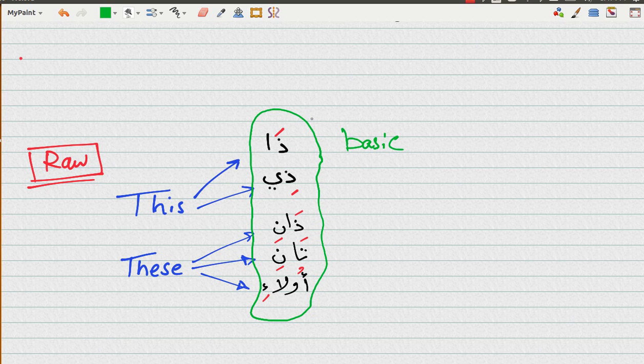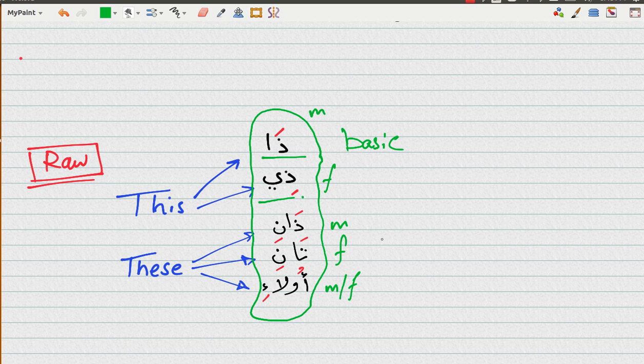To say this, we would say one for masculine and one for feminine. If there are 2 people or objects, I'll say thani for masculine, tani for feminine. If there are more than 2, meaning 3 and more, I would say ulai, and it doesn't matter what the gender is in this case.